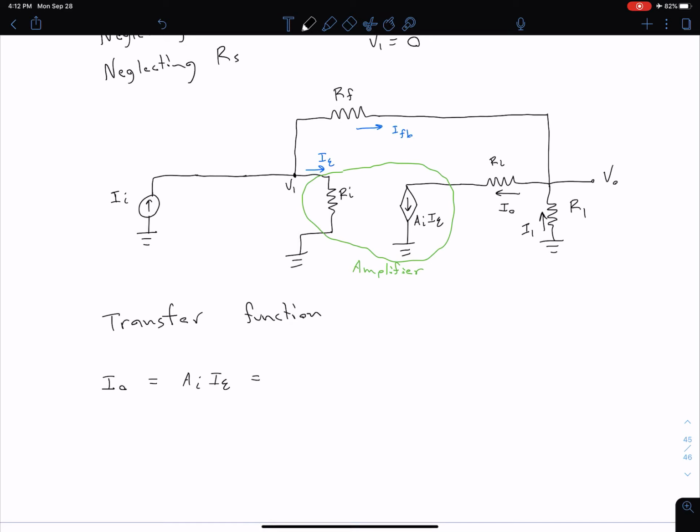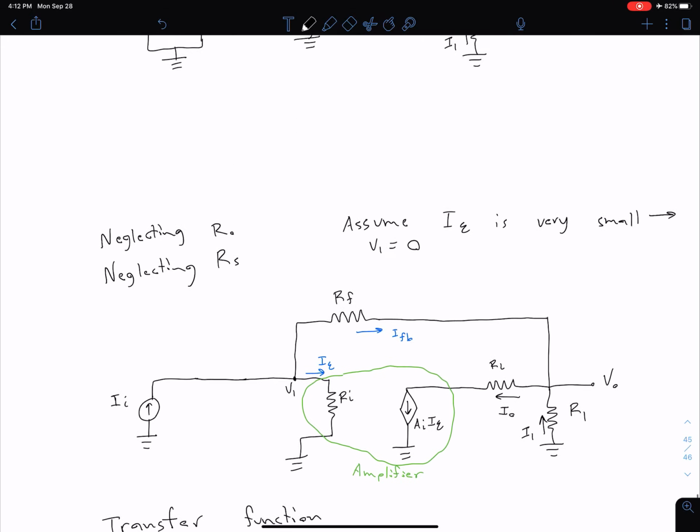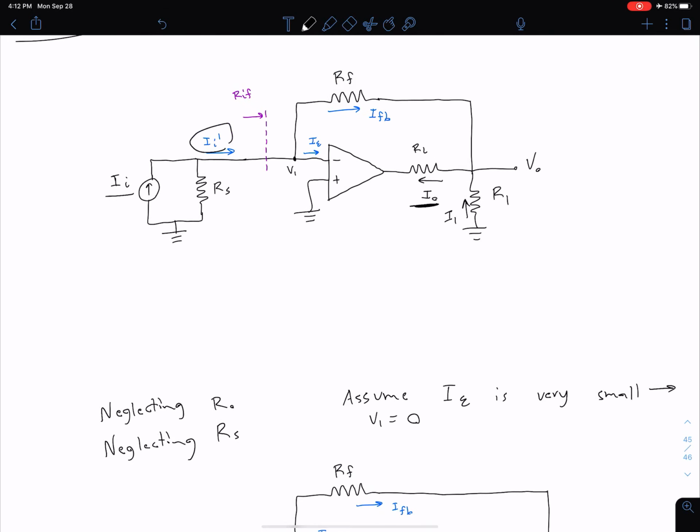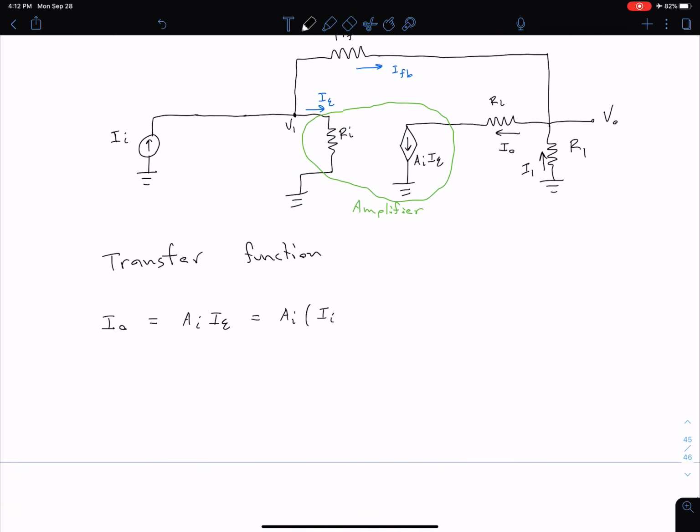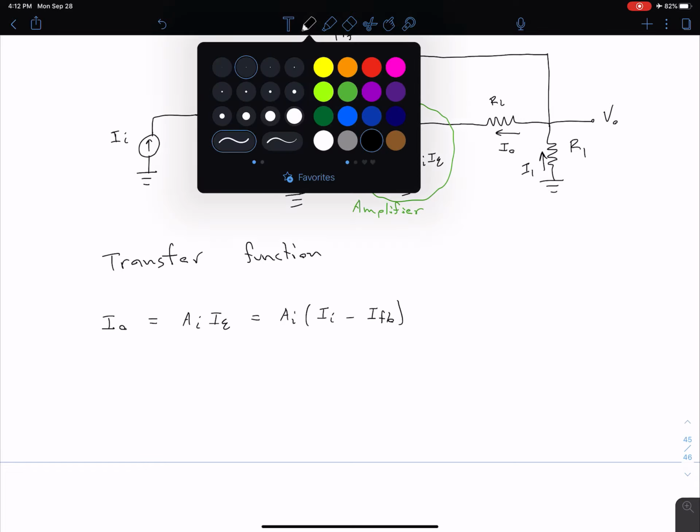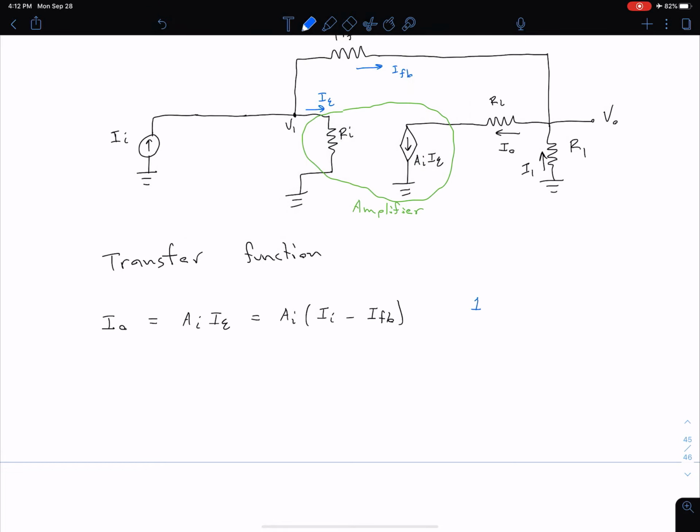And then coming back to our input side, we can see that our error current is equal to our input current, I sub I, which again is essentially the same as this I sub I prime up here above because we're neglecting RS, minus our feedback current I sub FB. Okay, so to be consistent with the notes, we can call this equation 1.